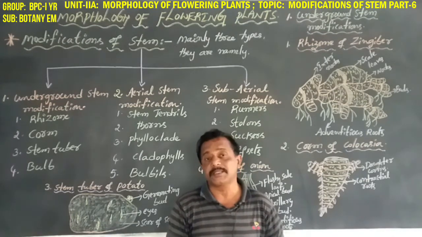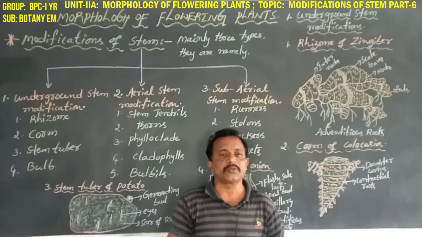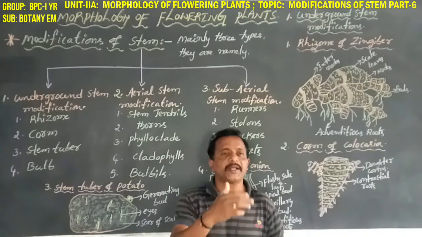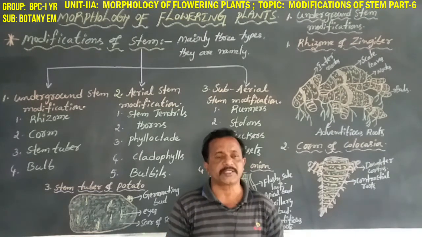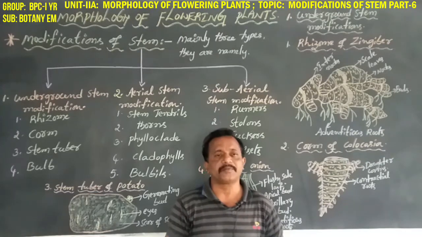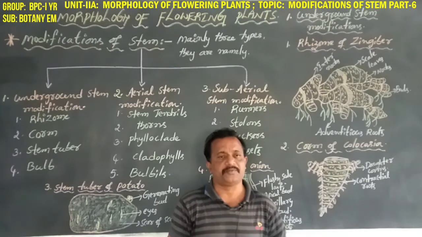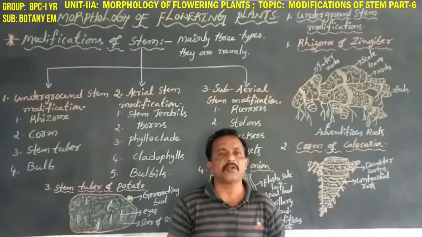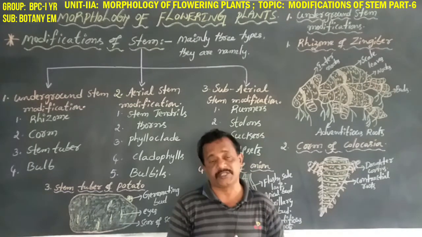In some plants, the stem always grows into the soil to carry out these special functions. This is called underground stem modification, also known as multi-purpose stem modification.